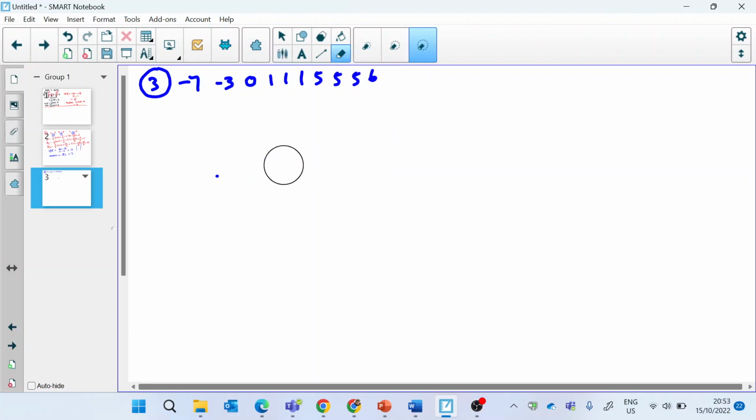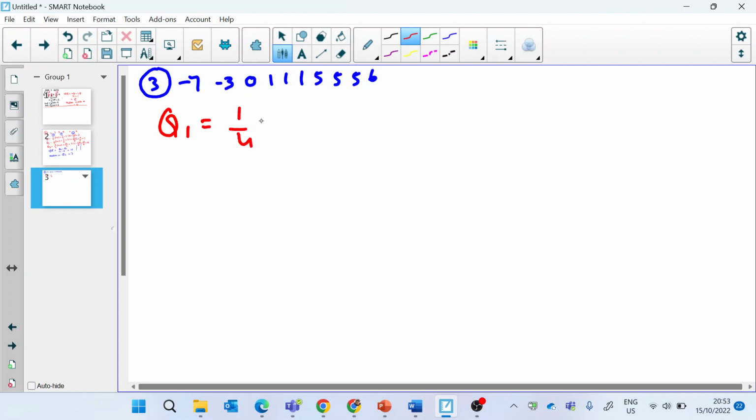Now we start solving. Our first Q1 will be 1 by 4 times (n plus 1).